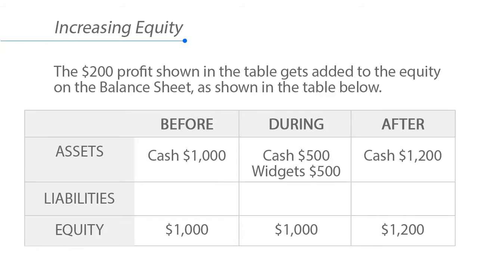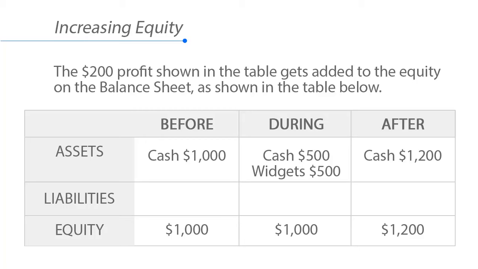The $200 profit shown gets added to the equity on the balance sheet, as shown in this table. Notice that before the widgets were purchased, you have $1,000 in cash. Then $500 is used to purchase the widgets, so cash is reduced by $500, and widgets are added as an asset that you own.